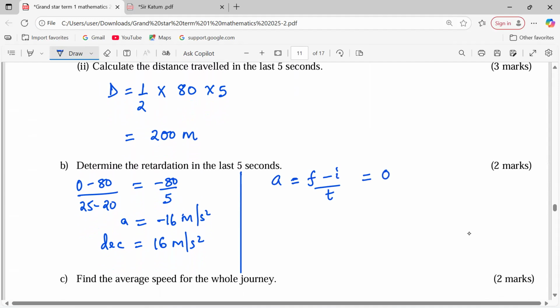So a final speed of 0 from an initial of 80 within the time taken, which is 5. So we are getting the same acceleration without applying the gradient method. Without the gradient method, we are getting the same figures, in meters per second squared.